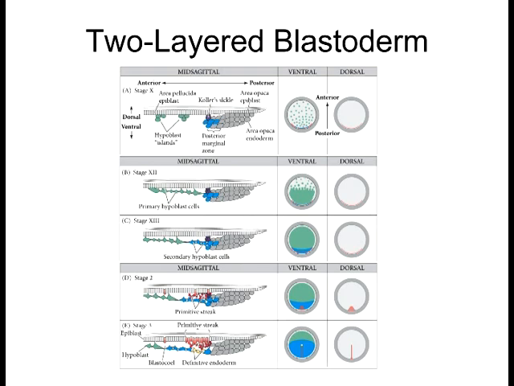So the hypoblast plays a key role in axis specification and in specification of certain cell types during the development, but eventually the hypoblast gets displaced by cells from the epiblast.